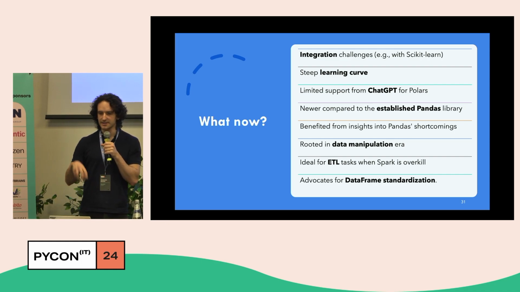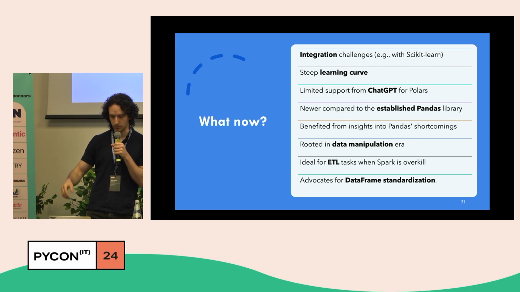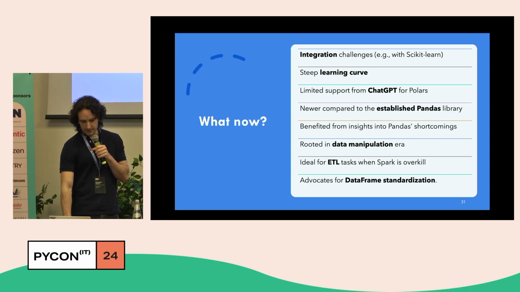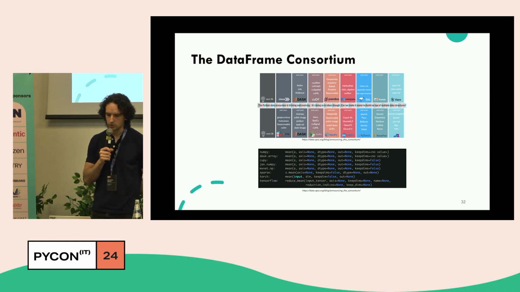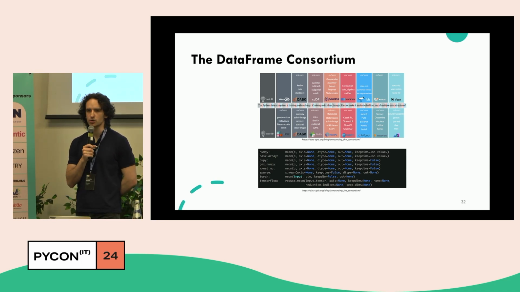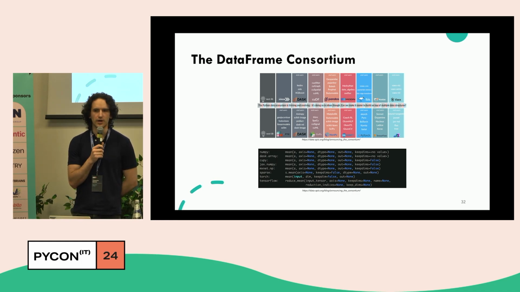In some cases, even though you cannot really replace Pandas, I really think that, for instance, for ETLs, polars is the best option you have, if you can actually work with that in production. And it advocates for DataFrame standardization. What do I mean? Do you know how many implementations of the min we have? Every package is implementing its own version of the min and some other functions.